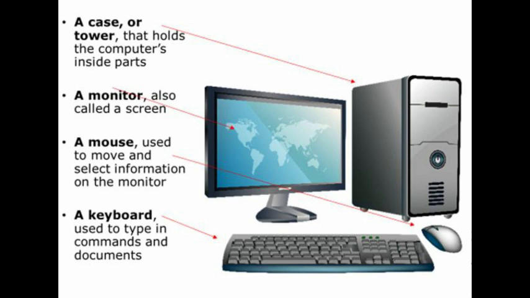You can see in the picture we have a monitor, also called a screen, a mouse, which is used to move and select information on the monitor, and a keyboard used to type in commands and documents. So these are hardware. You can see them and you can touch them. They are the physical parts of the computer.